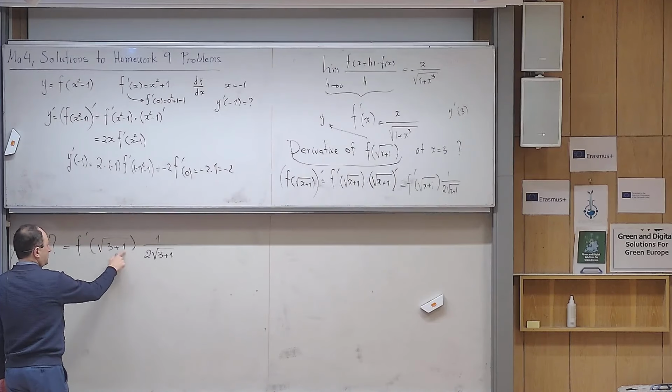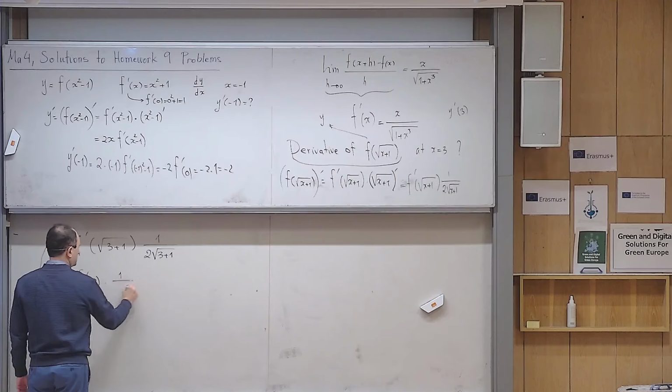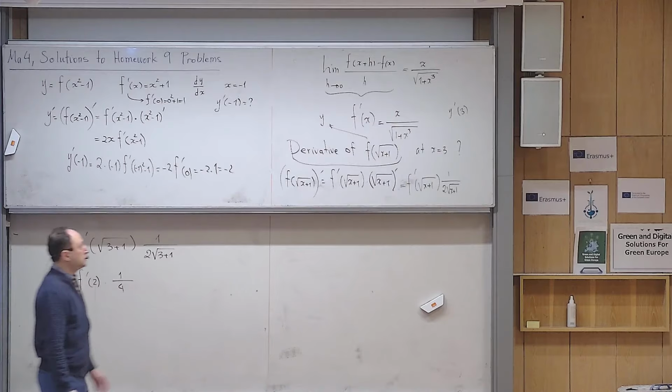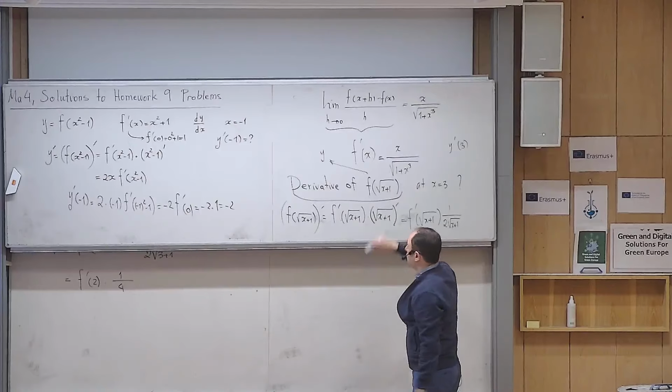Okay, 3 plus 1, 4, square root of 4 is 2. So this becomes f prime of 2, and then this becomes 1 over 4. Yes? But for calculating f prime of 2, I have to use this. Yes? So what is f prime of 2?